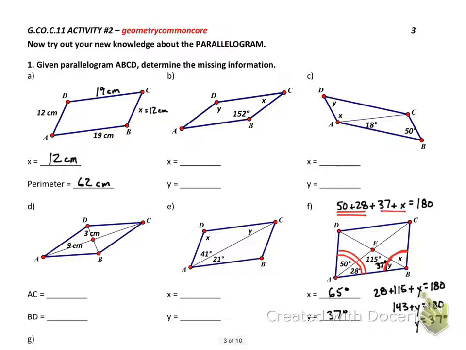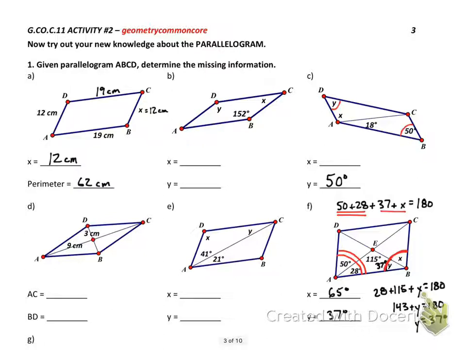y is going to equal 50. These two angles are opposite, and that means they are congruent to each other. You will typically have a problem set up where one of them is easier to find than the other.